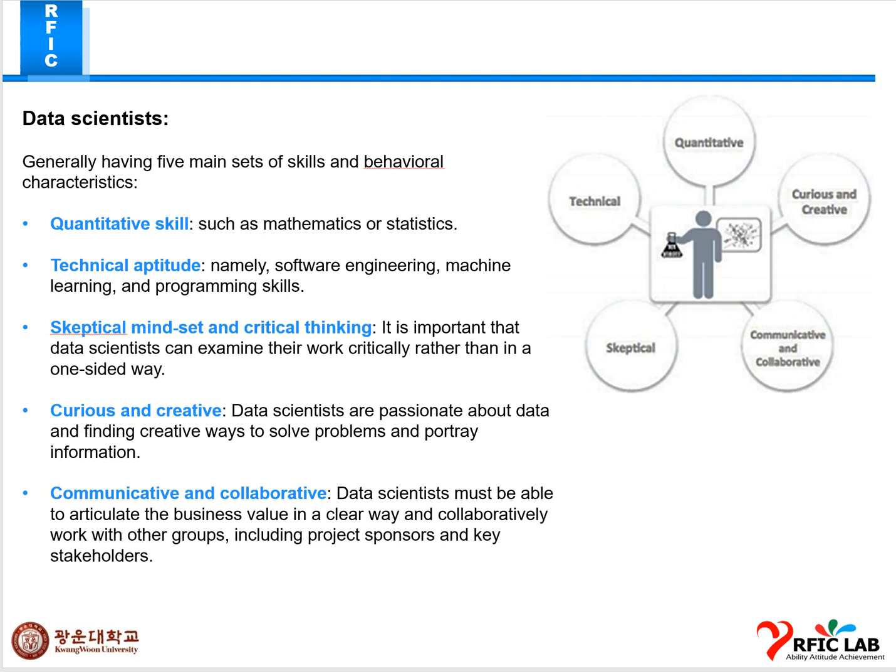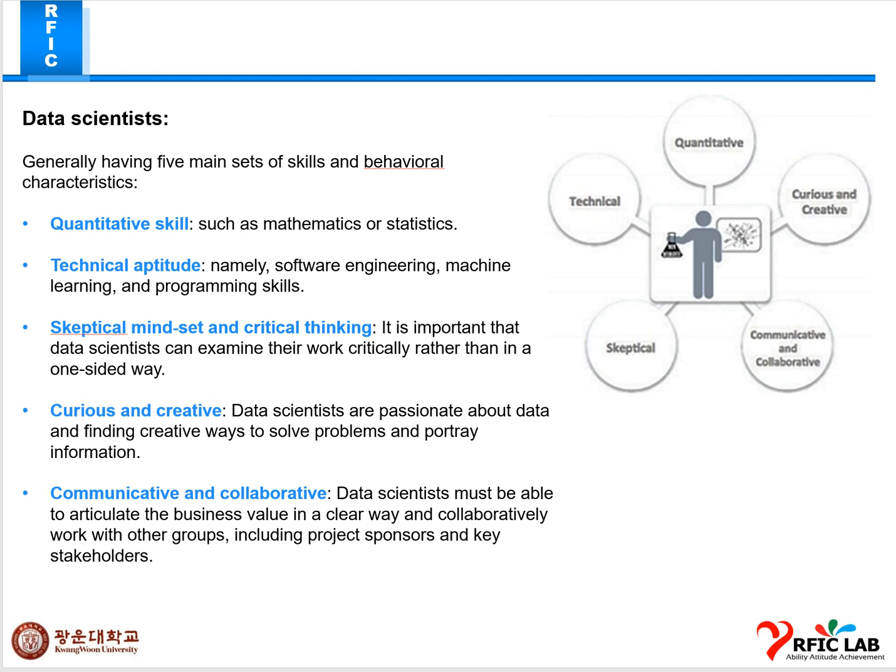And a data scientist generally has five main sets of skills, behaviors, and characteristics required for data science: quantitative skills, technical aptitude, skeptical mindset and critical thinking, curious and creative, and communicative and collaborative.